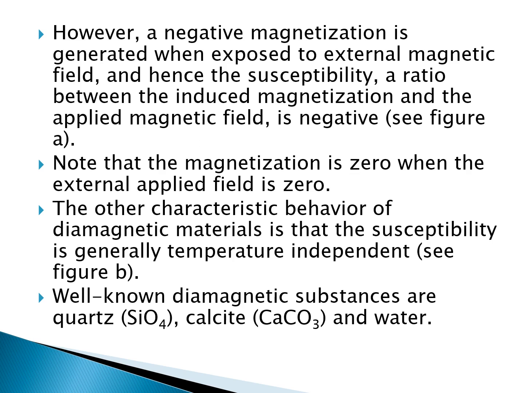However, a negative magnetization is generated when exposed to an external magnetic field, and the susceptibility. Magnetic susceptibility is the ratio between the induced magnetization and the applied magnetic field.